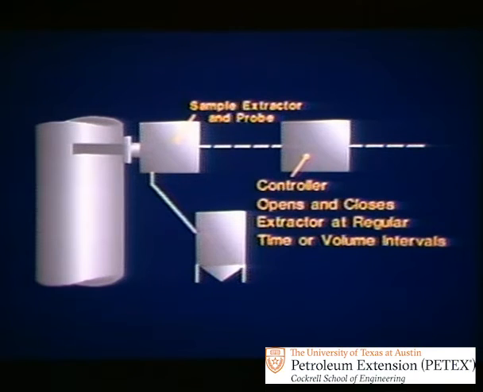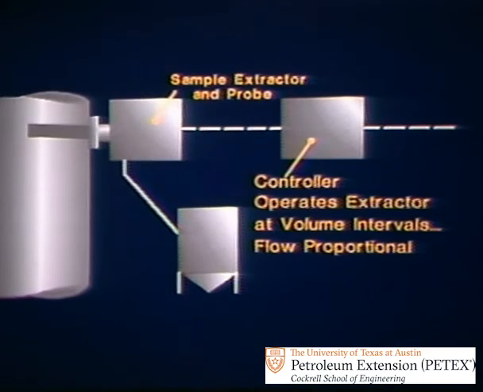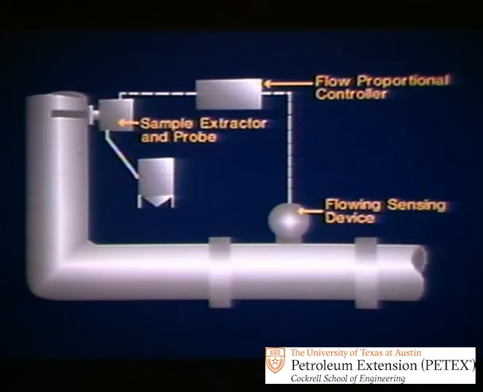It can be paced to operate the extractor at volume or time intervals. If the controller operates the extractor at volume intervals, the sampling is flow proportional. In other words, the controller is paced by a flow sensor in the pipeline so that a sample is grabbed each time a measured volume passes the sampling point.